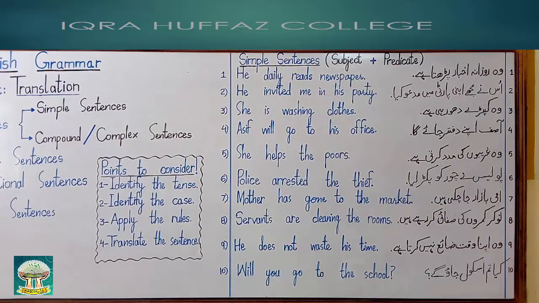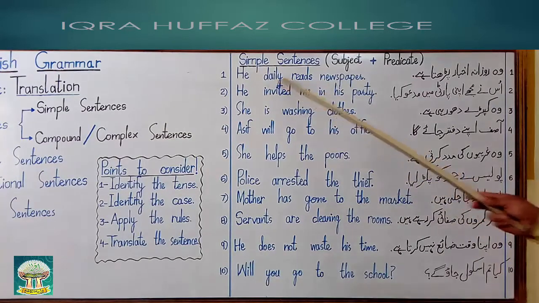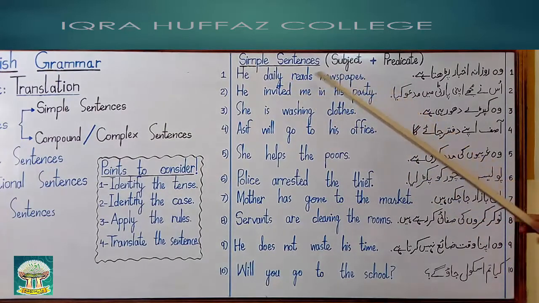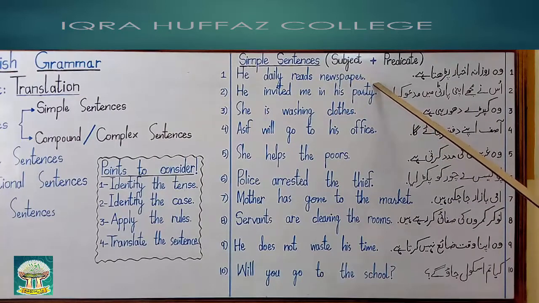So here you can see that the sentence has been translated as he daily reads newspaper. I'll tell you that we can also use the word daily in the end of the sentence. He reads newspaper daily, or he daily reads newspaper. Daily is an adverb, and an adverb can be placed in 2 or 3 positions.